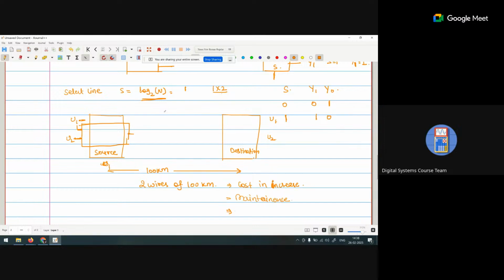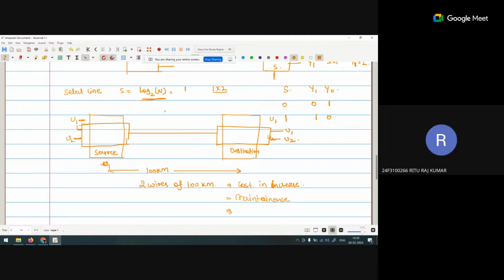From one wire I can transmit to the destination, and there again separate it into user 1 and user 2. So the point is that only one wire is required. Clear? Any doubt?